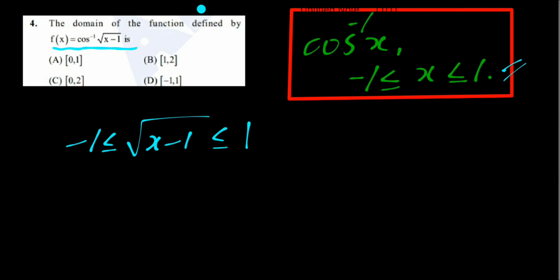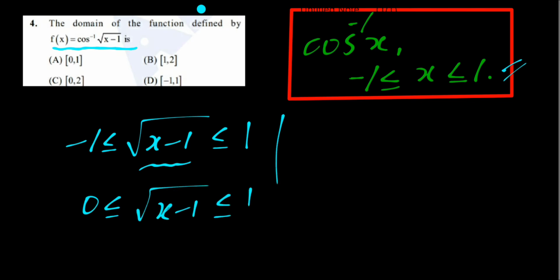If you take the negative values in this, you will not get a real number. That's why you have to take 0 less than or equal to root x minus 1 less than or equal to 1. Squaring on both sides, you will get 0 less than or equal to x minus 1 less than or equal to 1.